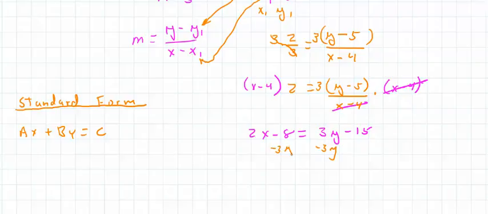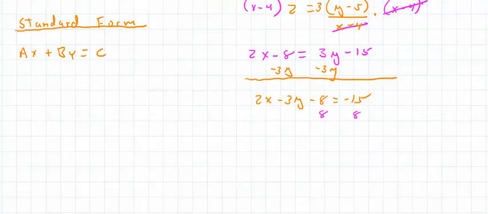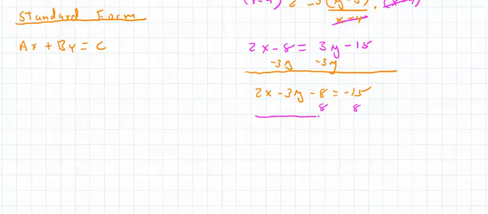I need the y's on one side, so I get 2x minus 3y minus 8 equals negative 15. I add 8, and I end up with 2x minus 3y equals negative 7. This is my final answer.